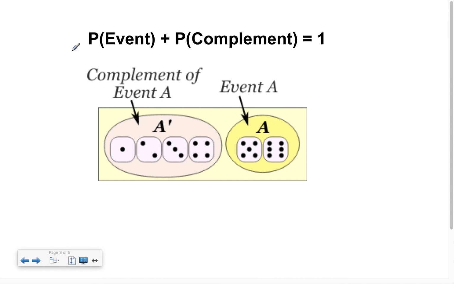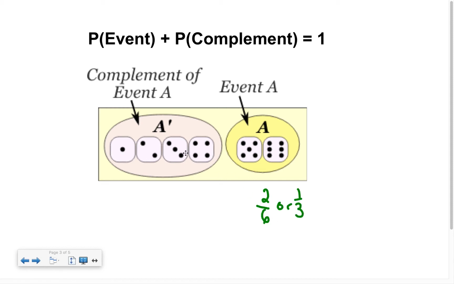What's important to know is that the probability of an event plus the probability of its complement is always equal to 1. Because the event's either happening or something that's in the complement has to happen, because those are all of the other outcomes. So looking at this, event A, rolling a 5 or a 6. The probability of this is 2/6, or 1/3.